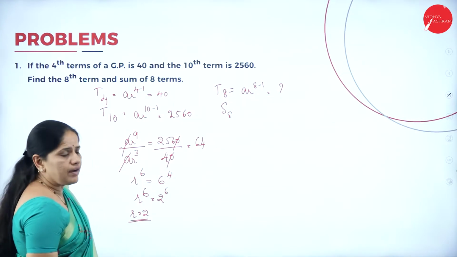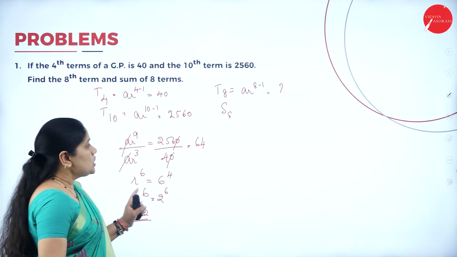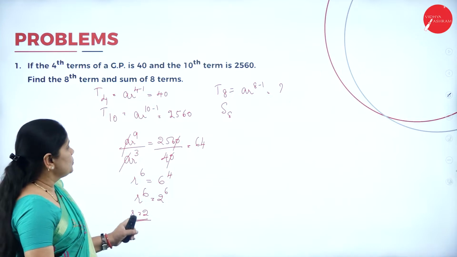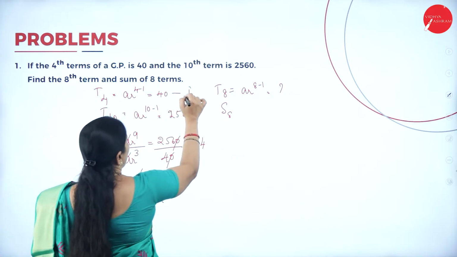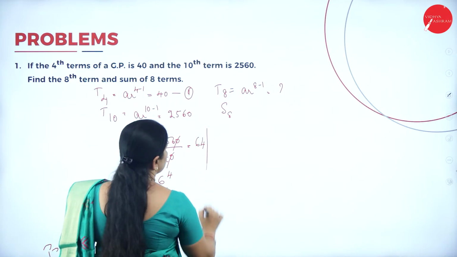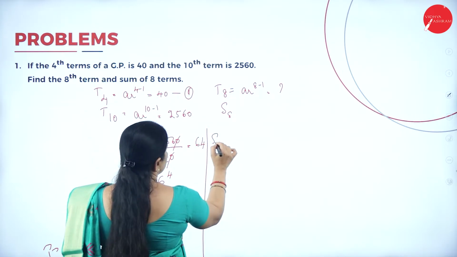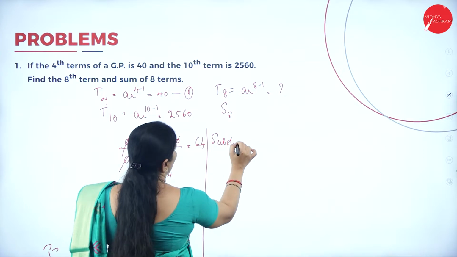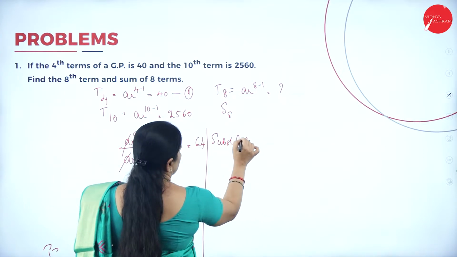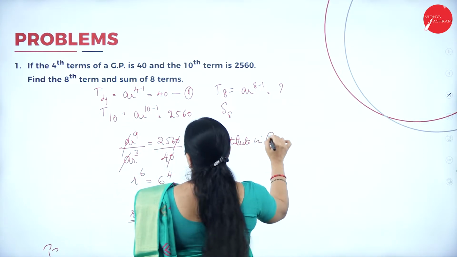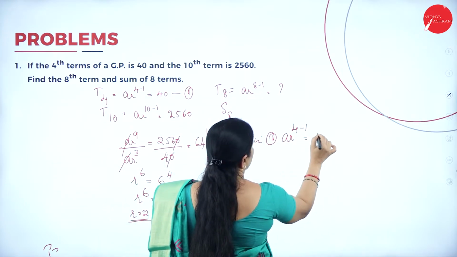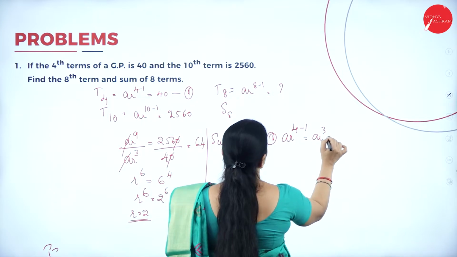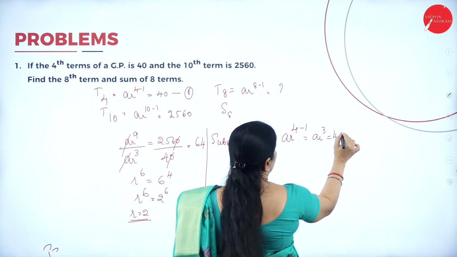So I have found out the ratio. So ratio r equals 2. Now I substitute in equation 1. I get ar to the power of 4 minus 1, or ar cube, equals 40.